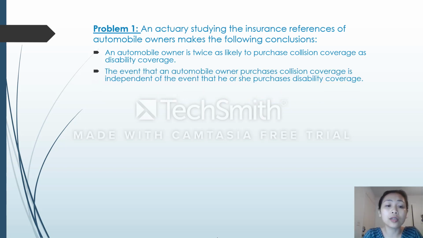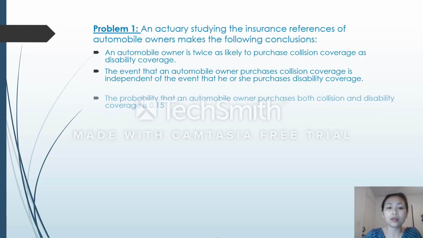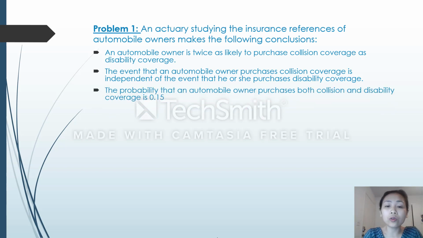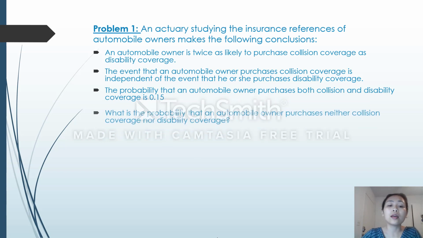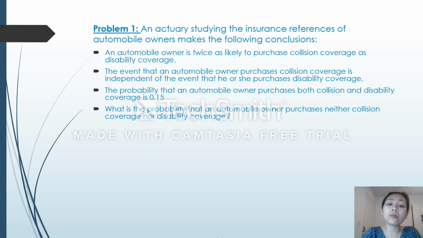The second conclusion, the event that an automobile owner purchases collision coverage is independent of the event that he or she purchases disability coverage. The probability that an automobile owner purchases both collision and disability coverage is 0.15. And the question is, what is the probability that an automobile owner purchases neither collision coverage nor disability coverage?